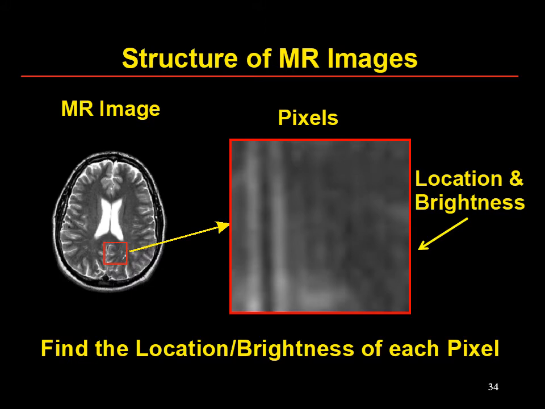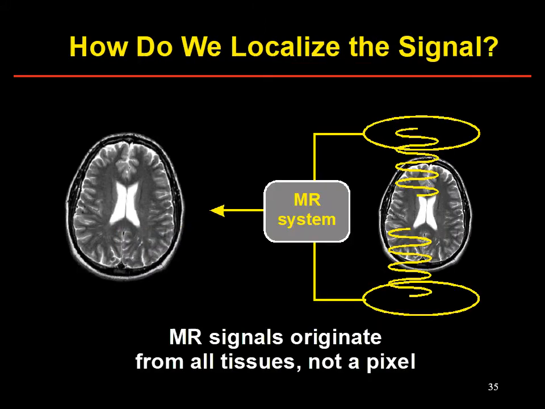If one can find the location and brightness of each pixel, then one can create the image. This is true of MR in the same way it is true of CT, ultrasound, nuclear medicine, or conventional X-ray. But the process by which this occurs with MR is different from all these other methods.